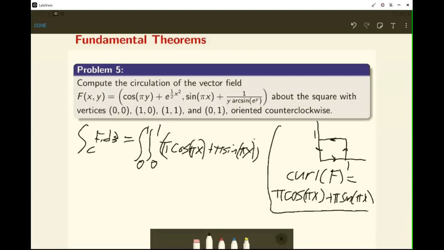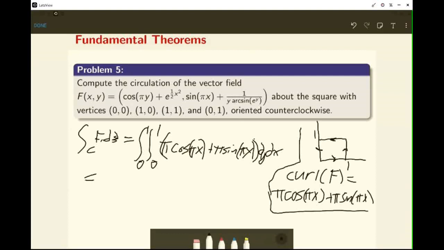Let's put in appropriate parentheses, dy dx. I should have known that I would not leave myself enough space. And this is a very, you return at long last to somewhat pleasant integrals.